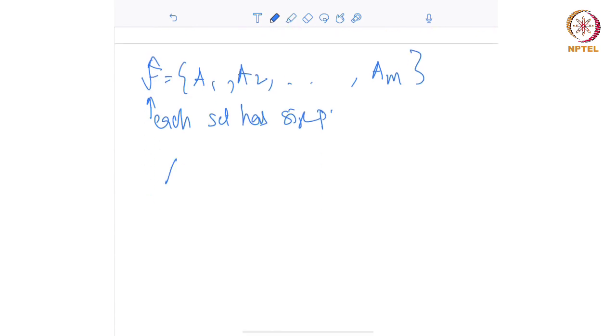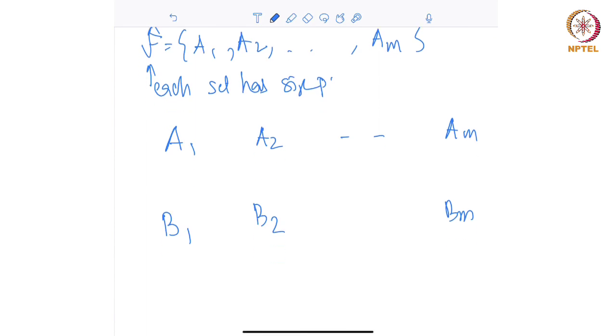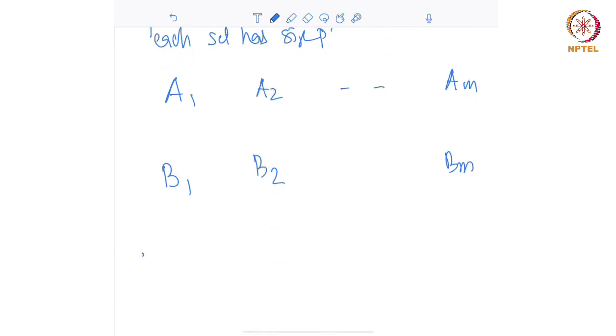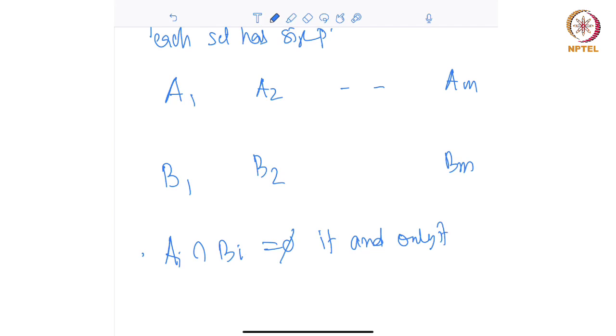It means for A1 I will be able to find B1, for A2 I will be able to find B2, and for AM I will be able to find BM. What will be the property? AI intersection BI is empty, and AI intersection Bj is not empty, if and only if I is equal to j.